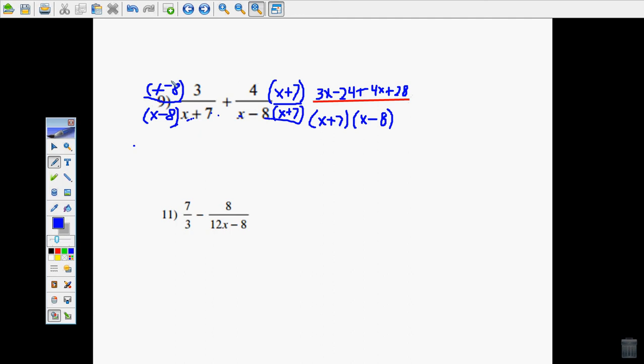All right, see how I did that? The denominator just came along here. It equals the rational expression x plus 7, x minus 8. Once you get your common denominator in the denominator, you don't have to do anything else.